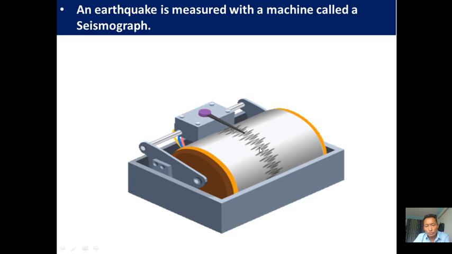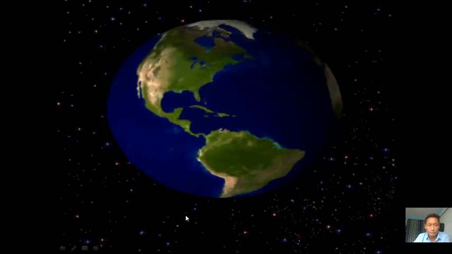Based on this wavelength, we can measure the intensity of an earthquake on the surface of our earth. So this is the machine we use to understand the intensity of earthquakes.